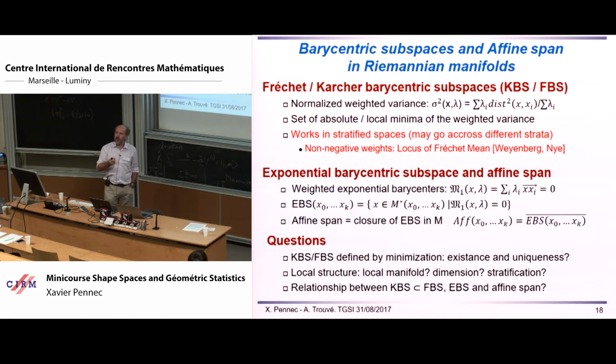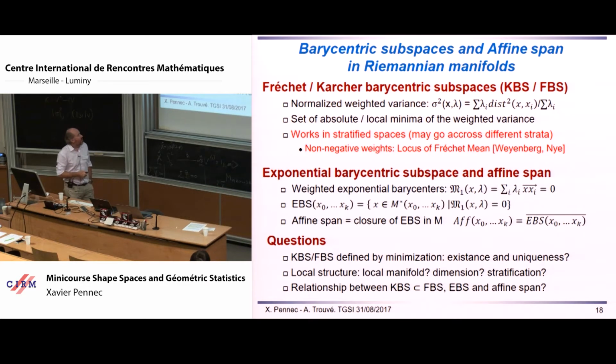One of the interesting things is that this still works in spaces which are stratified. If you take several pages of a book, you can take a point on a page, a point on the other page, and you can go through singularities. So this is one of the interesting aspects of that definition. The exponential barycenter definition is basically this one. If you are at a point of the manifold where, when you shoot to the reference points, you can find a linear combination, you are within your subspace.